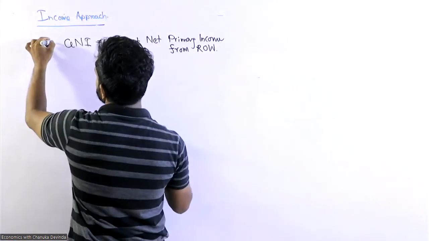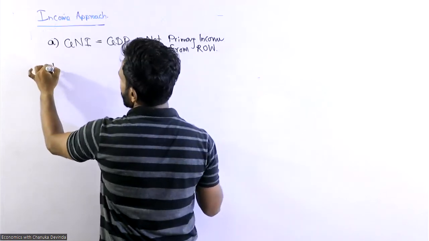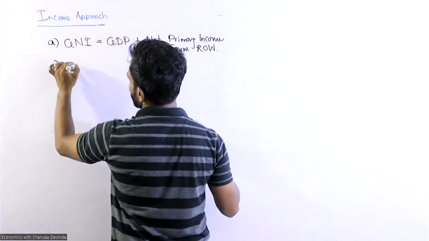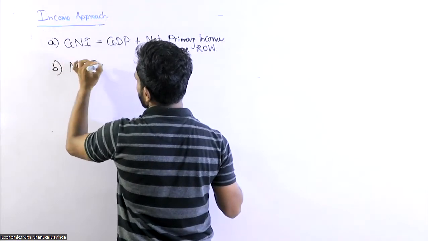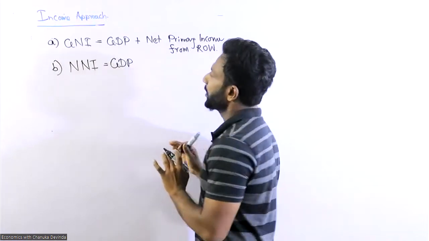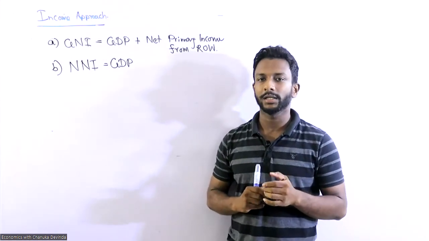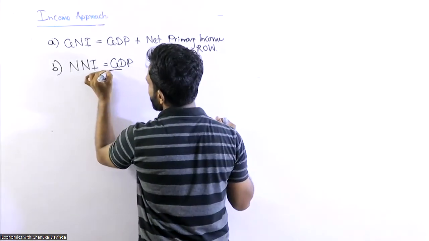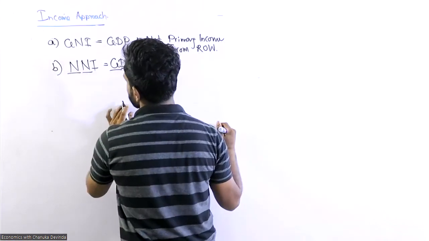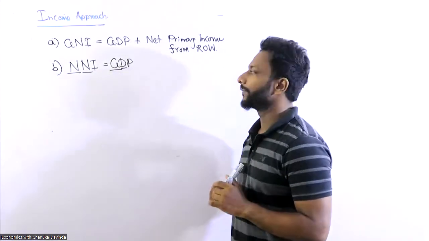Second one, this is the A, yes. B, what should be obtained? Net national income, NNI. What was given? GDP. So GDP needs to be transferred to NNI. Here, as you can see, gross and net are different, domestic and national are different, and income and production is not different.